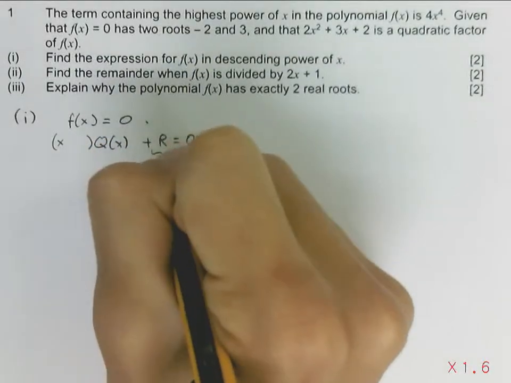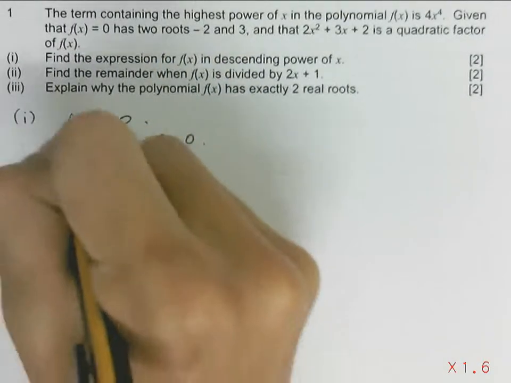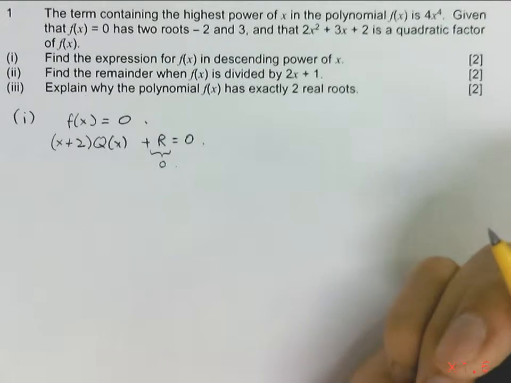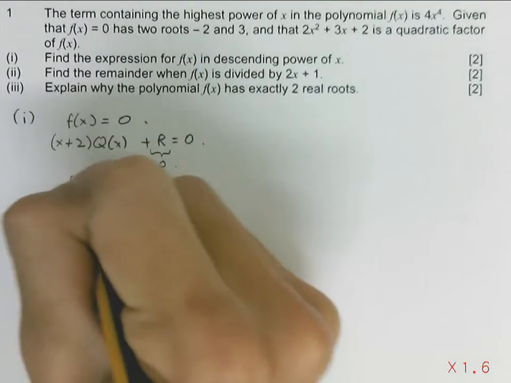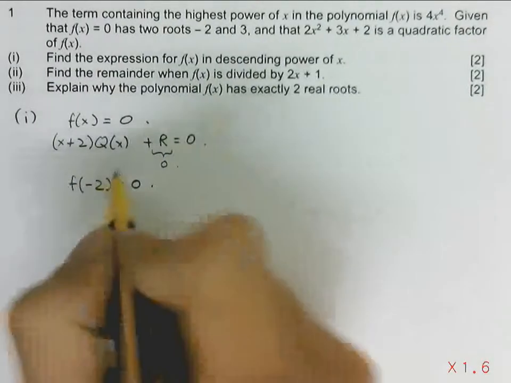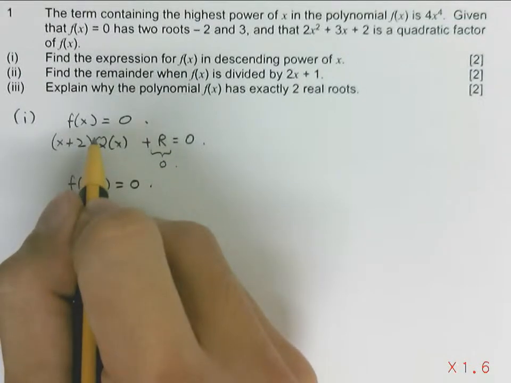Since there's no remainder because it's a root, we can say that x plus 2 is a factor, since -2 is a solution to the equation here.